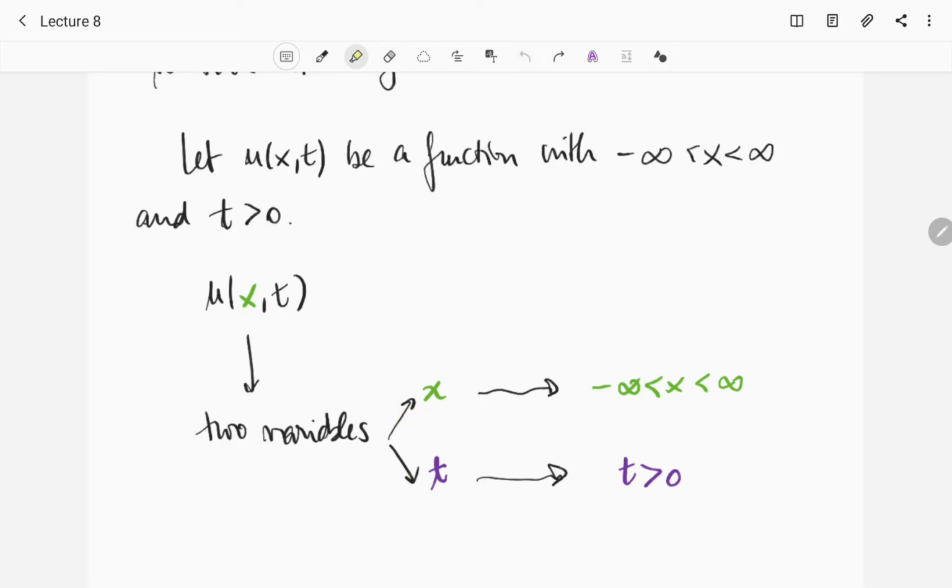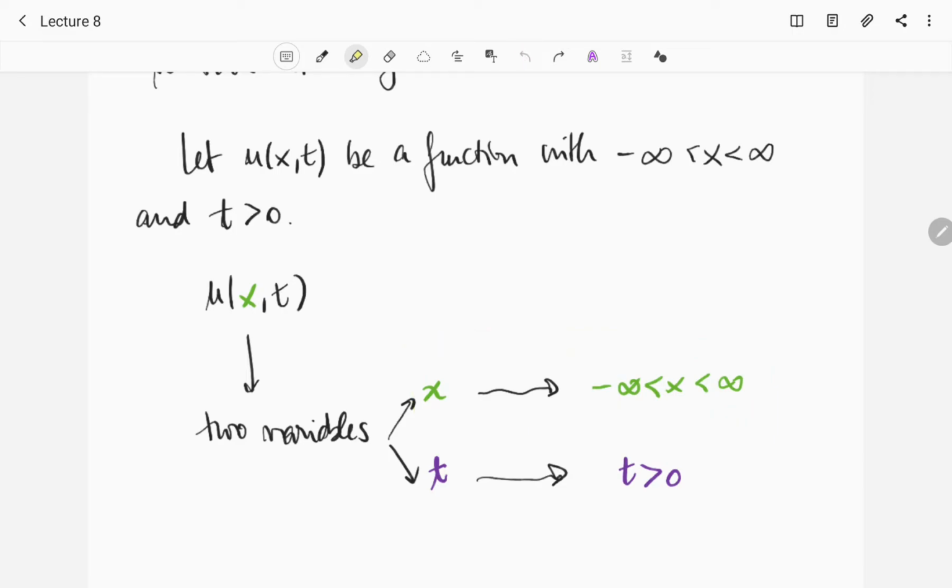And the range of x is the whole real line, R, and the range of t is just the positive numbers. So if you remember the definition of Fourier transform, the definition was for functions defined on the whole real line. So this definition suggests to us that we will transform our function u with respect to this variable x.